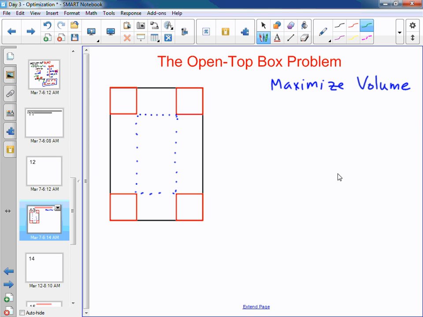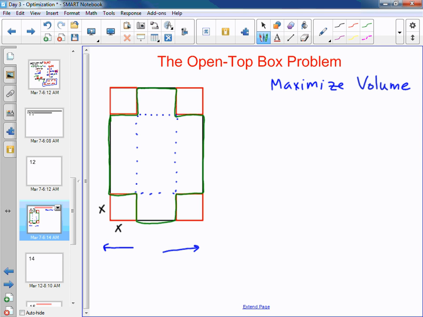So there's our green box. Awesome. Okay, so what can we label here? Well, it looks like these red squares have dimension x, right? Awesome. And it looks like the width of my box came from a piece of paper that was how wide?